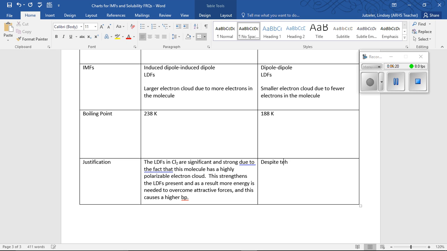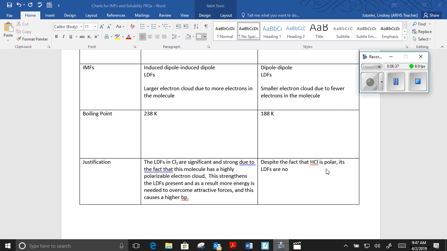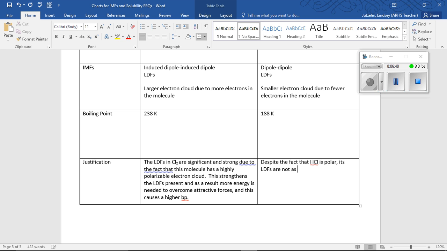Despite the fact that HCl is polar, its LDFs are not as strong as the LDFs in Cl2, because the electron cloud of HCl is not as polarizable.